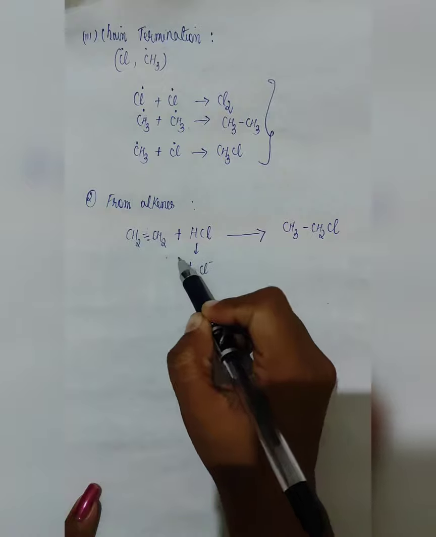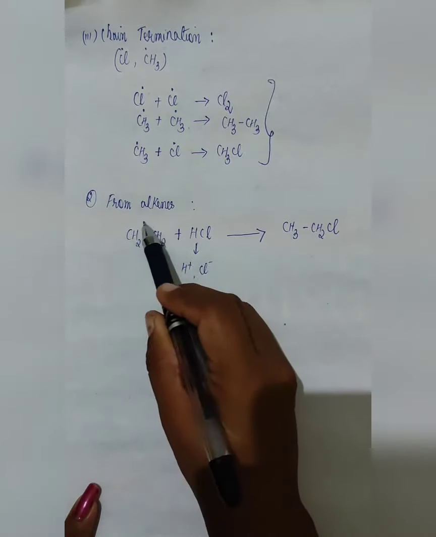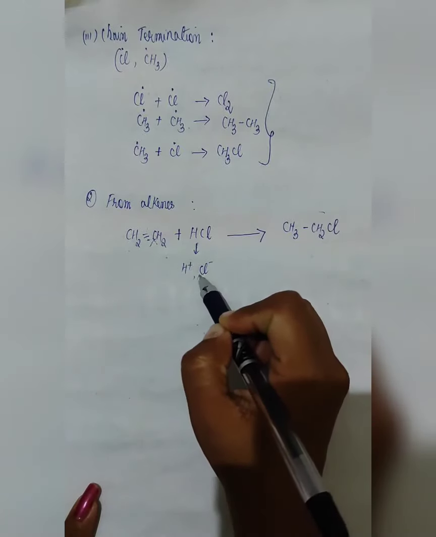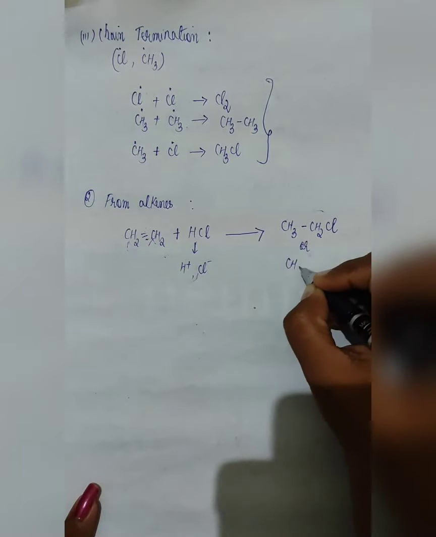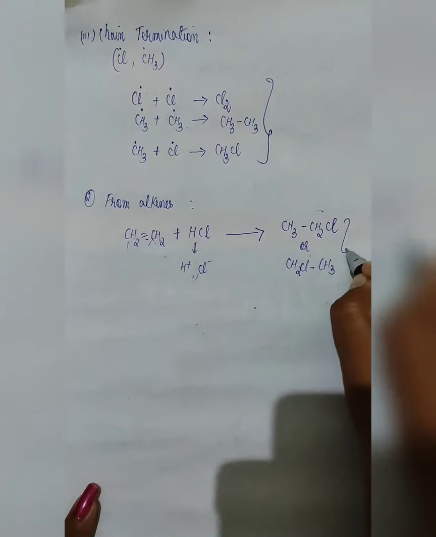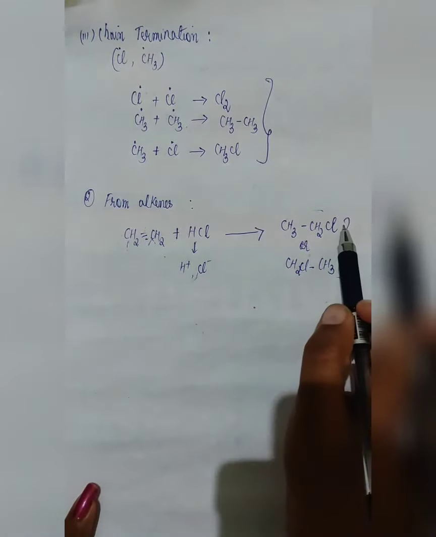If your Cl attacks here, you will get this product, and even if your Cl attacks here, we are going to get CH2ClCH3. So we are getting the same product. So in case of symmetrical, you are going to get the same product.